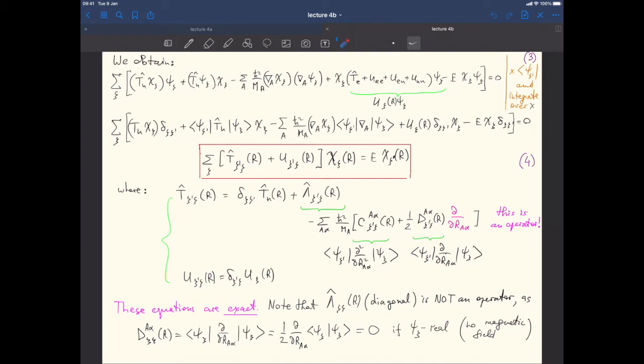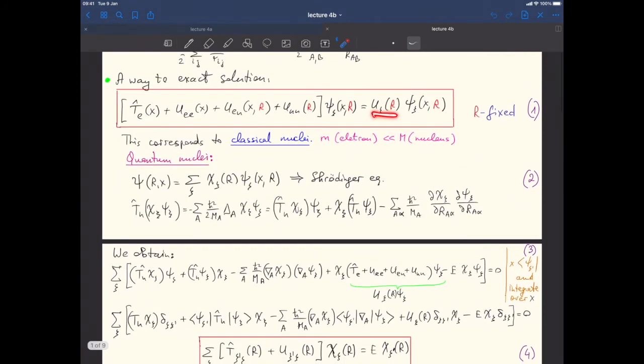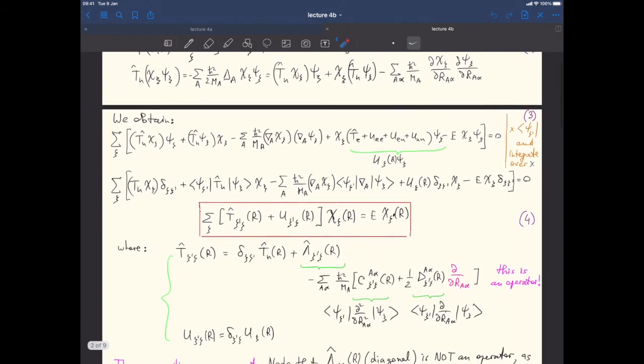Then the first term is... some of the terms are easy, because if you look here, for instance, this is the electron-only part of the Hamiltonian acting on the psi zeta electron-only wave function, and we know this is the u function times zeta, that u function here times psi zeta.